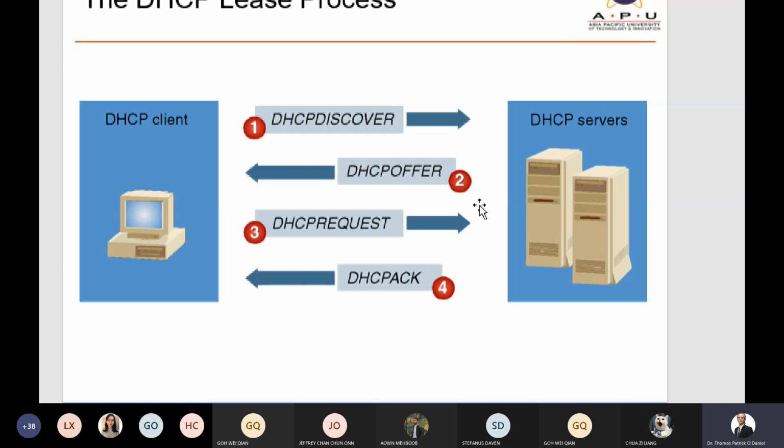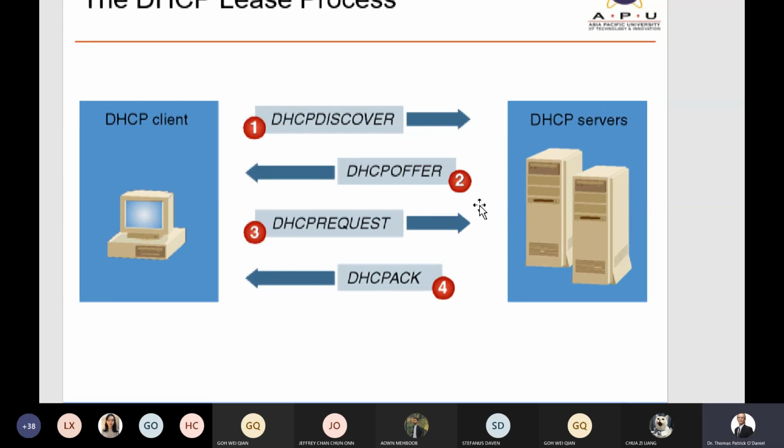It sends a broadcast that says, I'm new to this environment. Somebody help me out, right? Tell me how to communicate with the nearest gateway, right? And that's called a DHCP discover message.